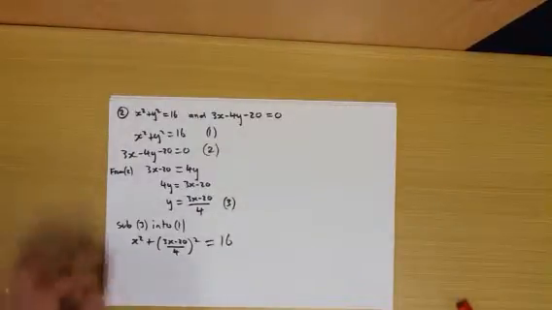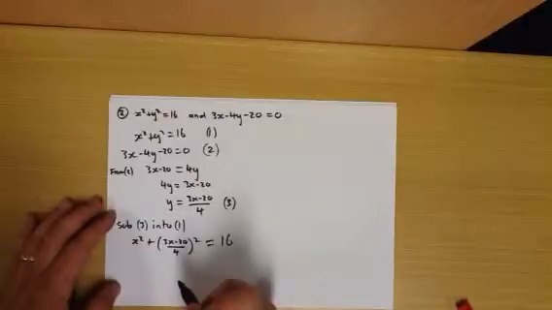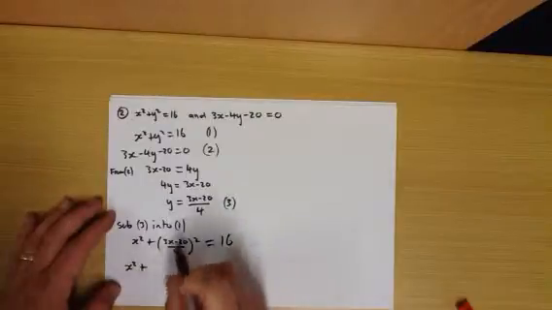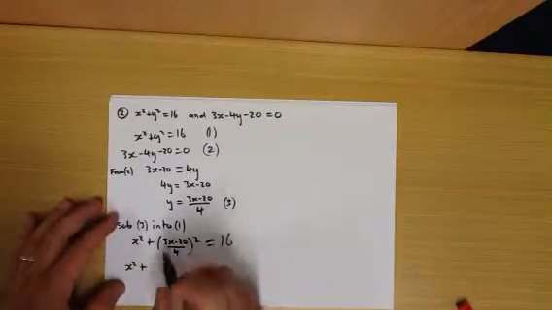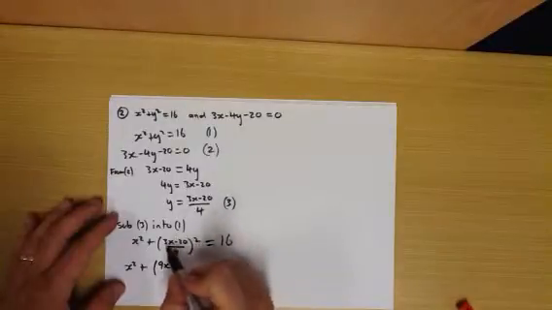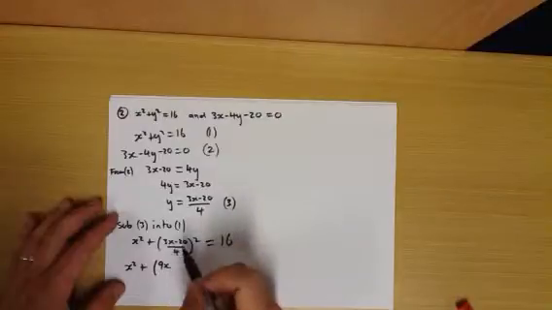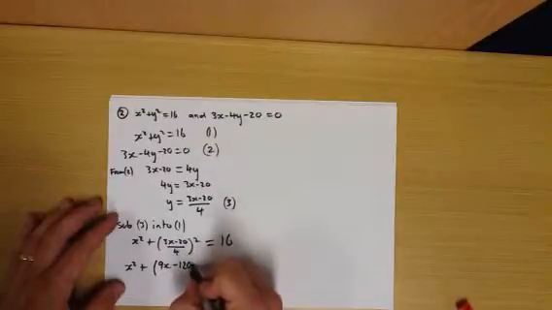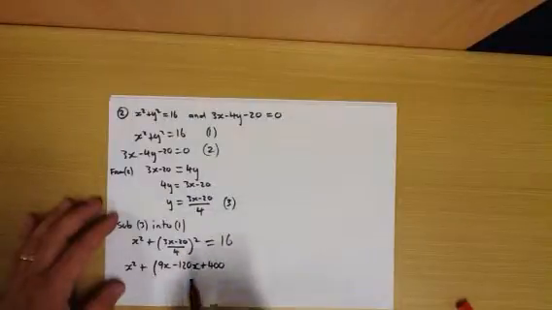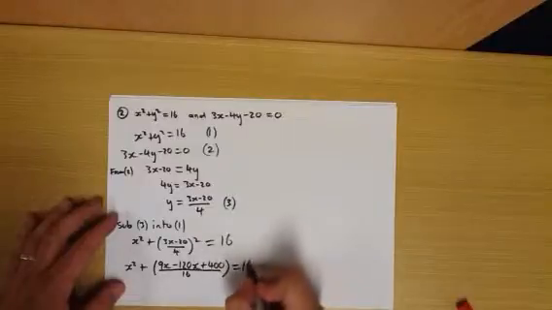So what I get now is x squared plus, square root of the first, 9x squared, twice their product: 3x times 20 is 60x, twice that, minus 120x, square of the second is plus 400. And I've got to square the 4 as well, which gives me 16. That equals 16.